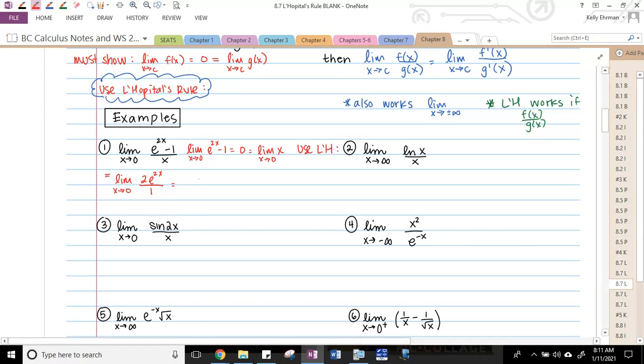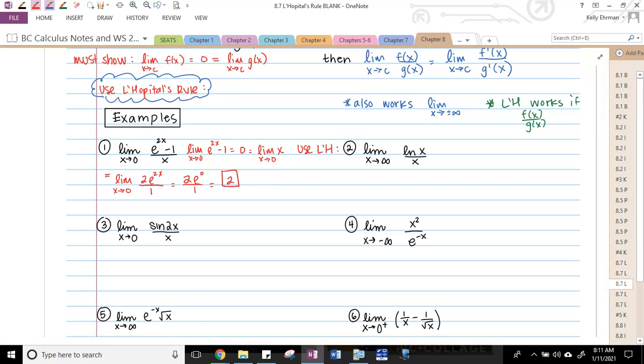Now if you plug in 0, you get 2 times e to the 0 divided by 1. That's just 2 times 1, so that's just equal to 2. As long as you can use direct substitution and not get the indeterminate form again, 0 over 0, infinity over infinity, then you're finished. If this would have still come out to 0 over 0, I would show my limit notation again, use L'Hopital's rule again, until I get there, basically.